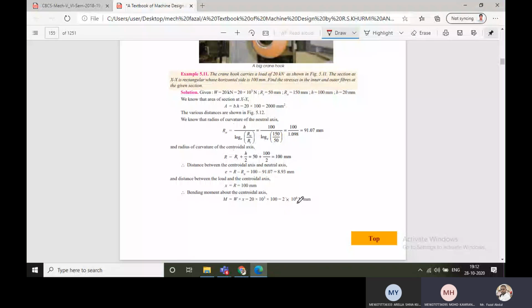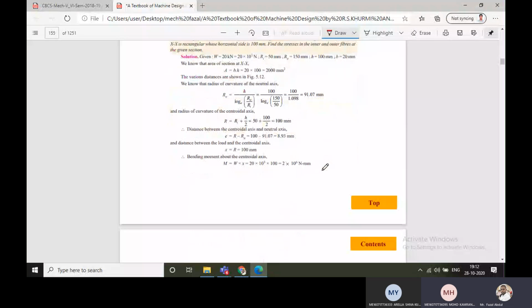Sir, in this part A, what do we have to study for short answers? For short answers, you can easily expect questions on gears: gear terminology, what is interference, how to avoid interference. And from this last unit, what are the assumptions for curved beams?